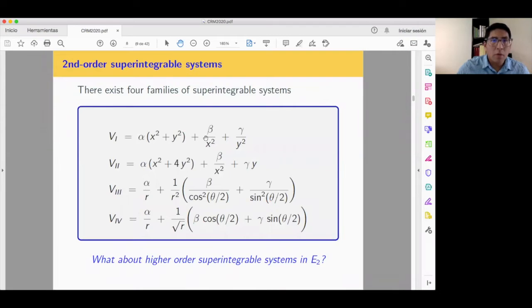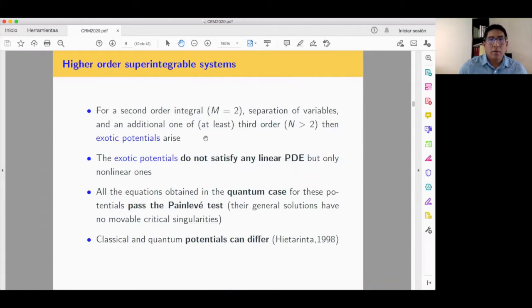So this is all about second order. And if we ask about higher order integrals, let's keep one of them equal to 2 still. So we maintain this separation of variables and let the other be larger than 2. In this case, exotic potentials arise. What are they?